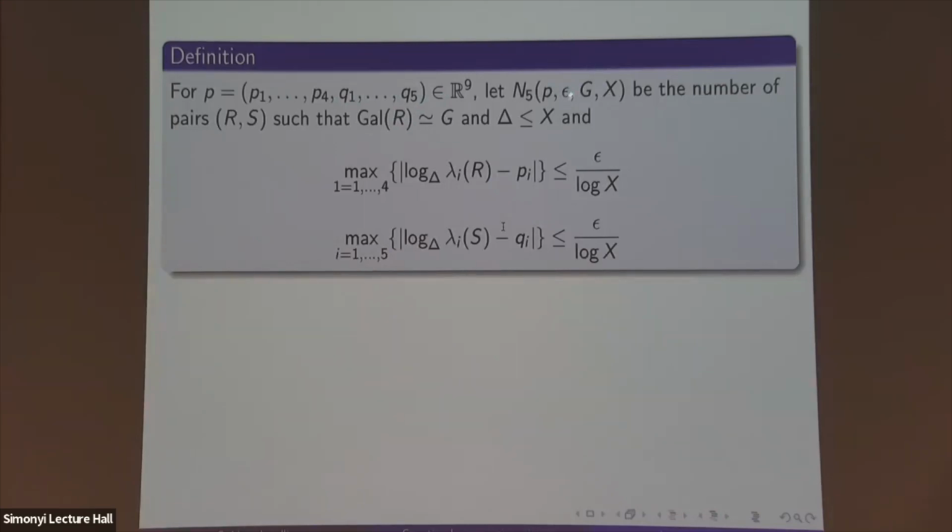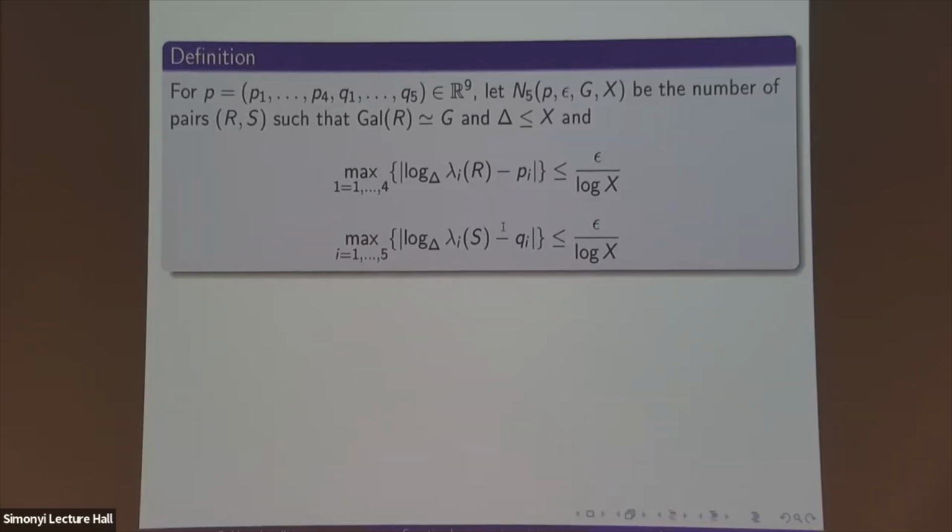We define N5 P, G of x to be the number of pairs R, S such that the Galois group is our fixed group G, the discriminant is bounded by x, the successive minima of the quintic ring are close to P1 through P4, and the successive minima of the sextic ring are close to Q1 through Q5.